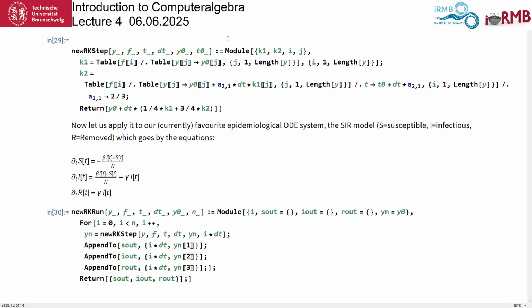Okay, now we go a little bit to implementation things. So we compute the new time step. We get the function with y, f, t, dt, and of course we need some starting parameter. We have a module, which is a scoping device. So we have local variables k1, k2, i, and j. We get k1.